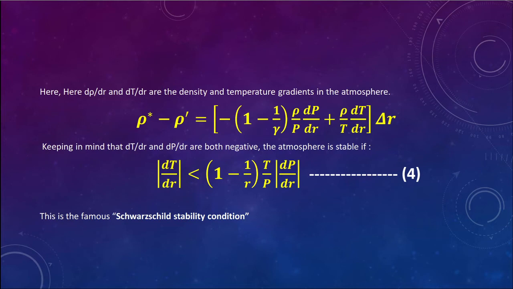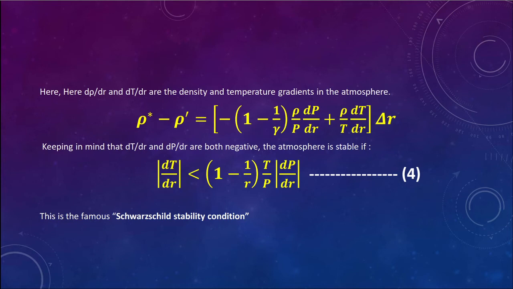So from these two equations, we get that rho star minus rho dash is equal to minus of 1 minus 1 by gamma rho by P dP by dr plus rho by T dT by dr into delta r. We are just clubbing those two equations which we have derived before, and when we take only the magnitude, we get that dT by dr, that is the temperature gradient or how the temperature varies with r, is less than 1 minus 1 by gamma into T by P and the magnitude of the pressure gradient.